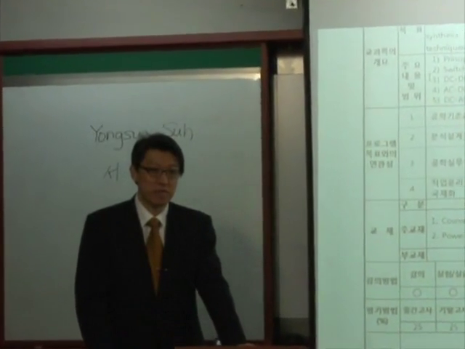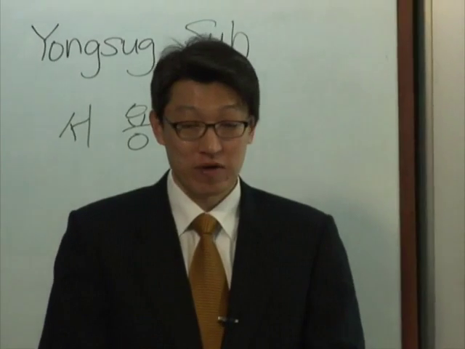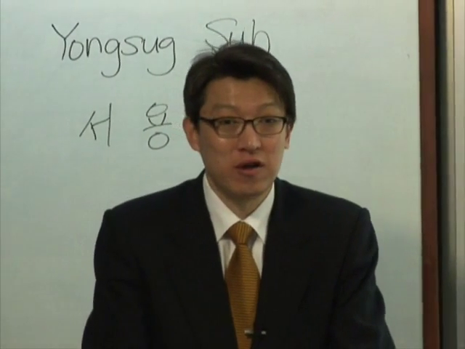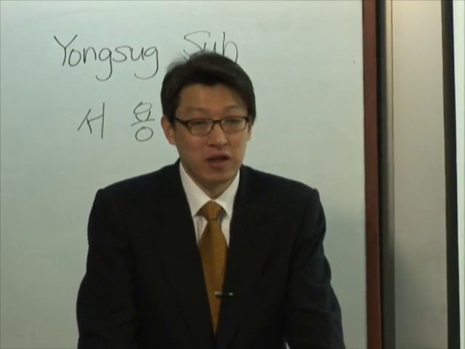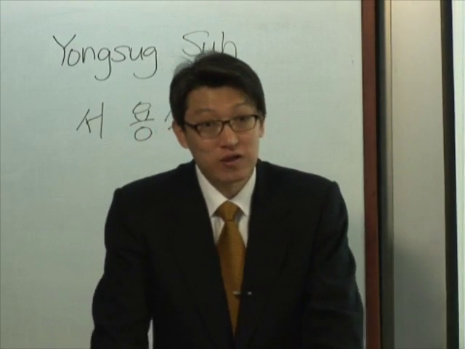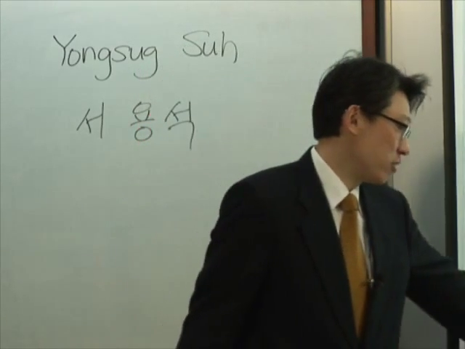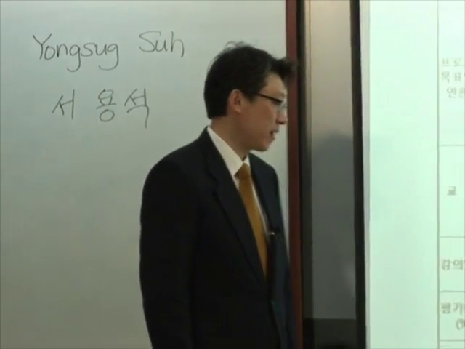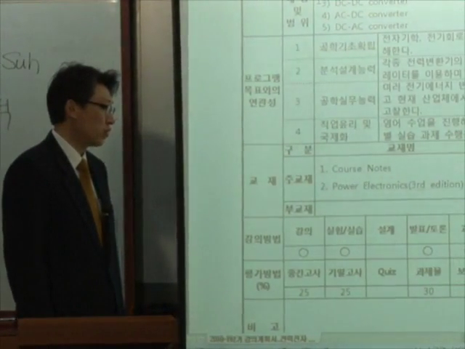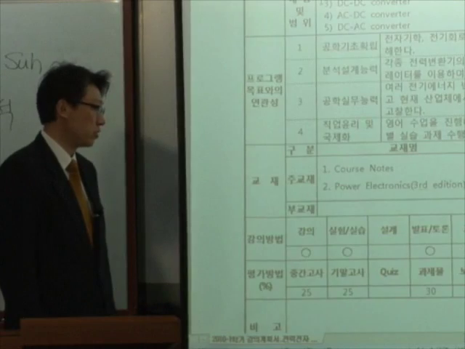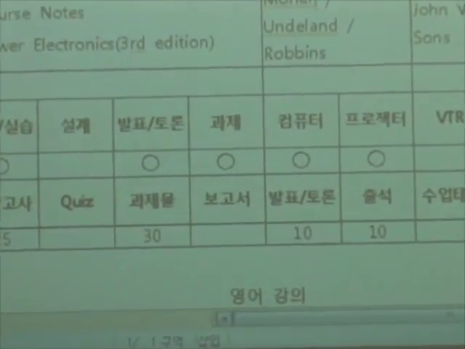You have to find a quiet place, and you have to sit down by yourself and solve this exam. So I believe you will not take a look at the books while you are solving the questions. But anyway, so we have a midterm exam, final exam, and we have two homeworks and one report from the simulation. Okay, that counts as 30%.